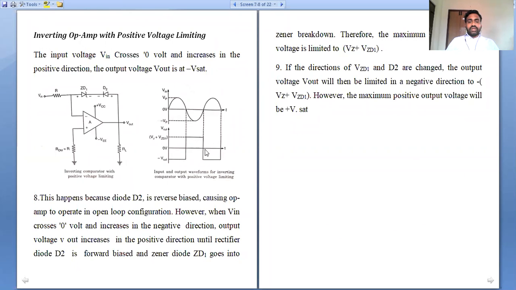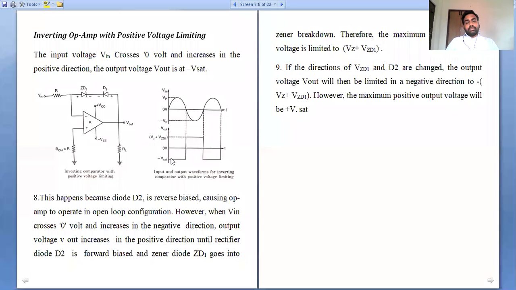At this positive V saturation, the rectifier diode D2 comes to forward bias. At the previous condition, D2 is reverse biased. D2 comes to forward bias, and ZD1 comes to Zener breakdown, okay.